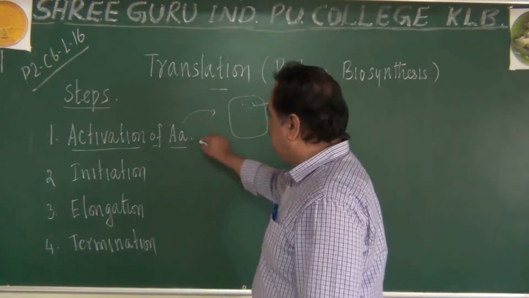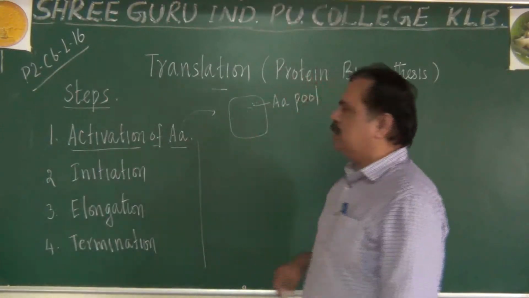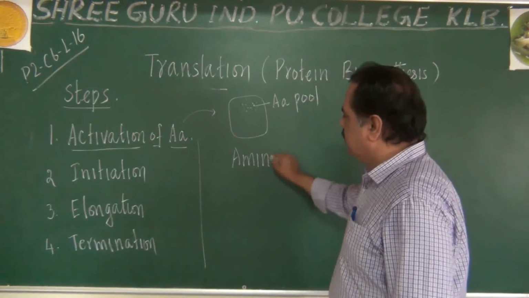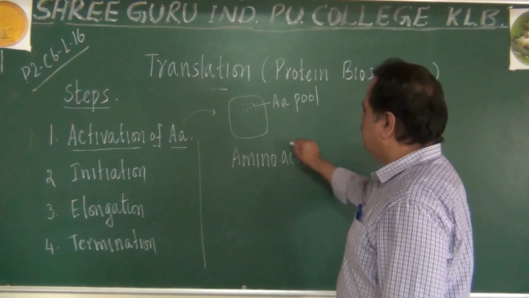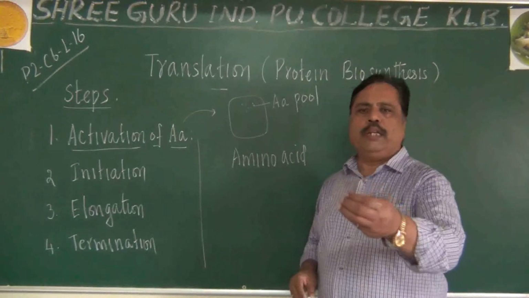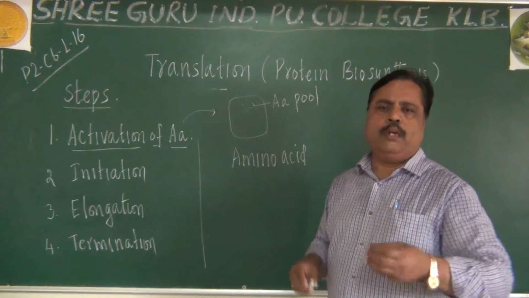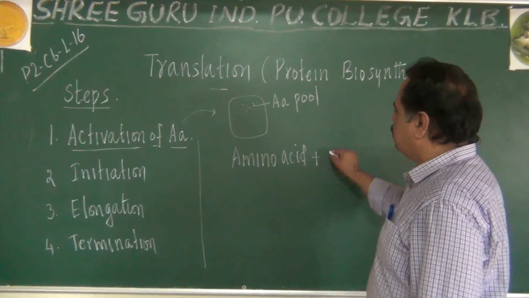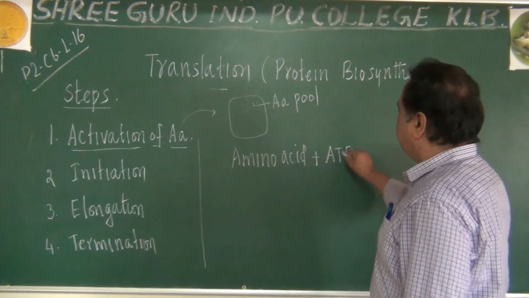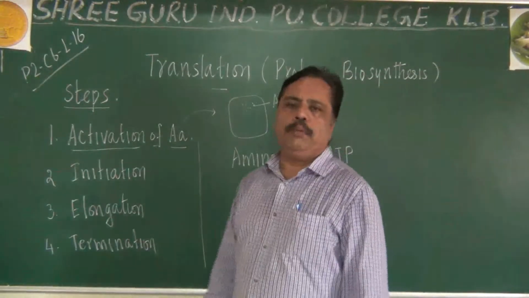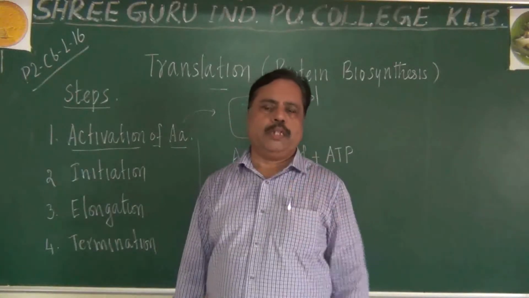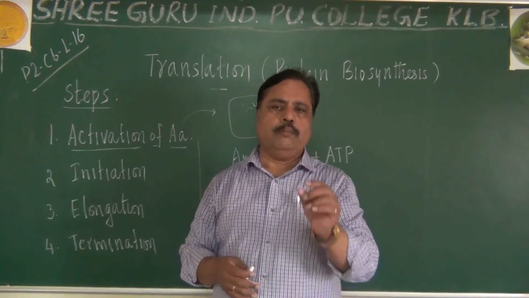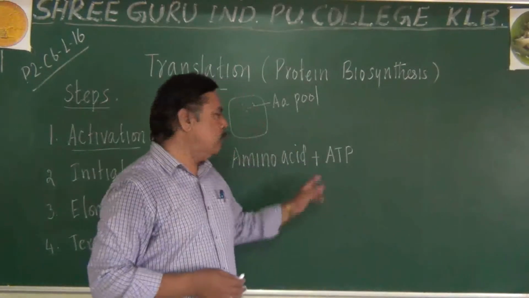Listen to it. During activation of amino acid, take any particular amino acid, it may be phenylalanine, valine, glutamic acid, whatever it is. That amino acid will join with one ATP molecule, adenosine triphosphate, so it will give energy. Already we know that ATP is the energy currency of our cells.